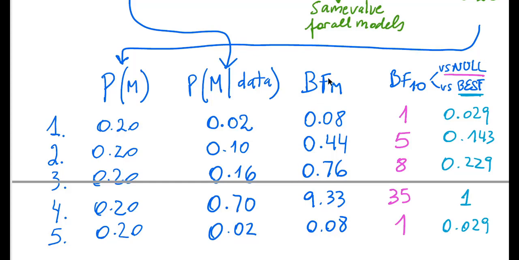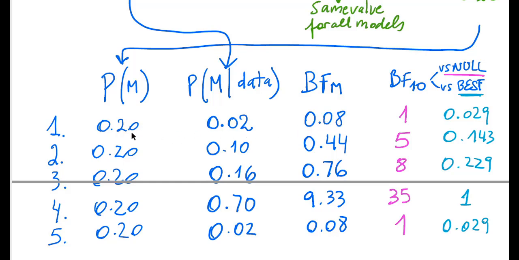Now, the output of JASP contains two more columns. One is called BFM. BFM is a comparison of the model against all the other models. And the way this is calculated is as follows.